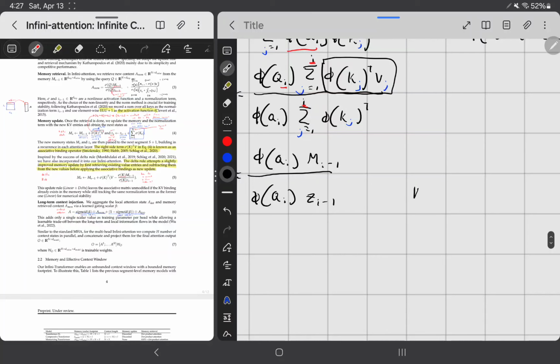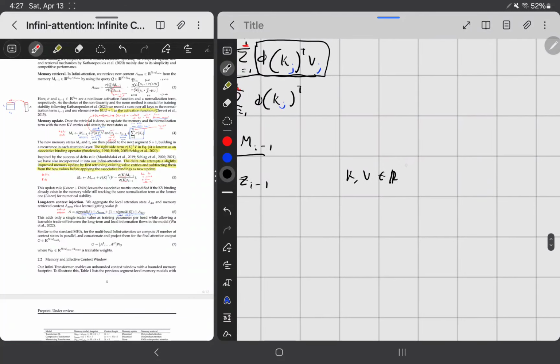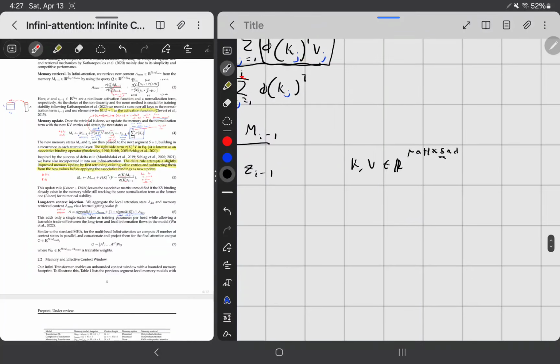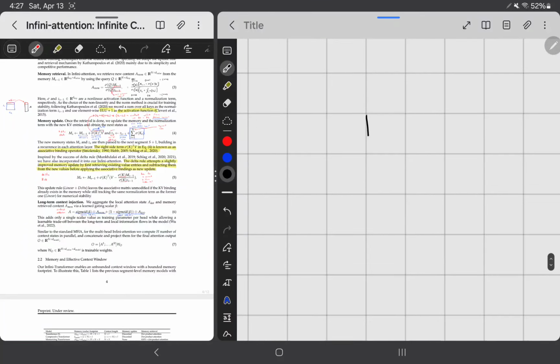So if k and v are of dimension d, which they have more dimensions, it's n by h by s by d, and you're indexing on there. And if you multiply this, you get an outer product.